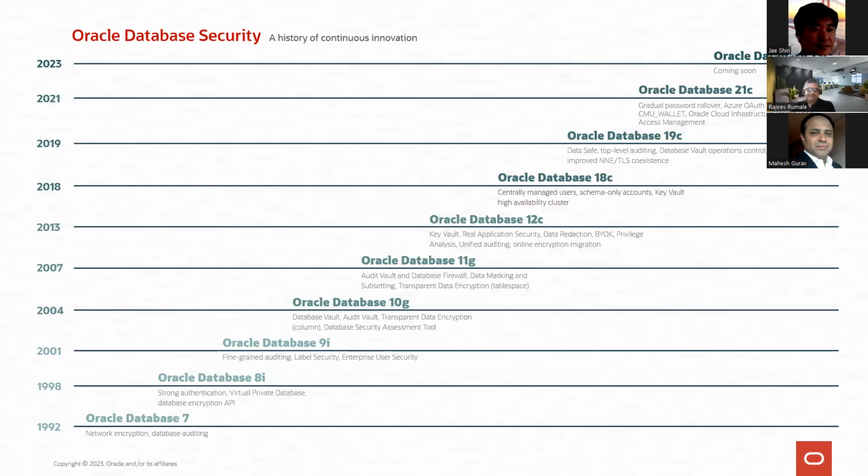To do that, data needs to be protected at multiple layers: who can access, what they can access, from where they can access, and of course, how they can access.